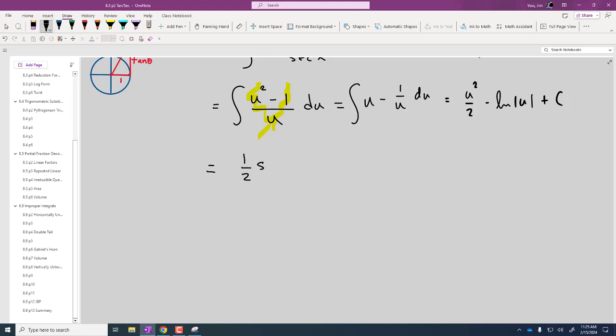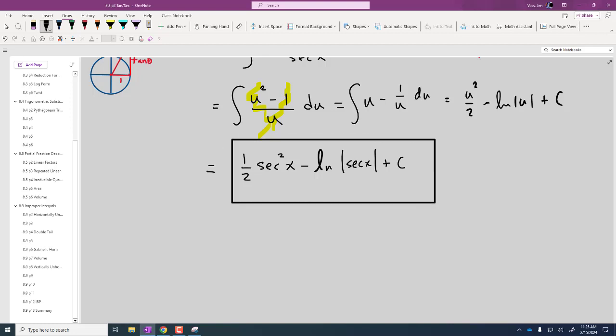So we have 1/2 secant squared of x minus natural log of absolute value secant x plus c. Voila.